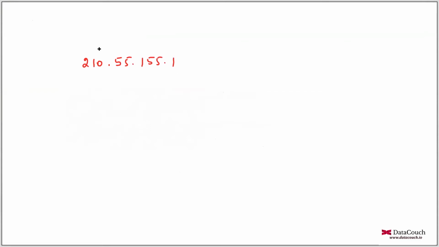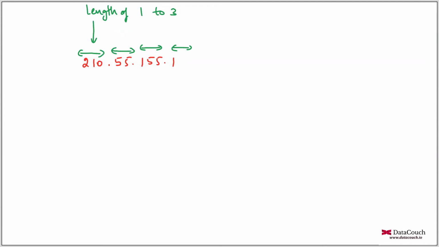And what is special about this IP address? Each part has a length of 1, 2, or 3 digits. There can be 1 digit, 2 digits, or 3 digits. If you can write a regular expression which can identify this, then it will be great.